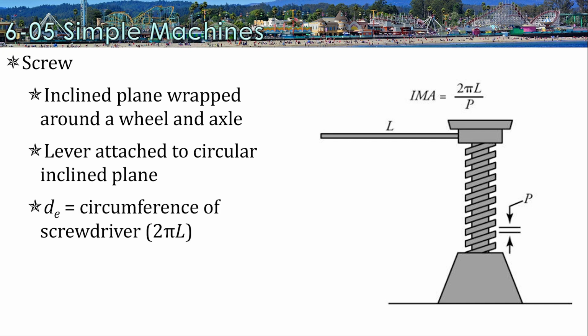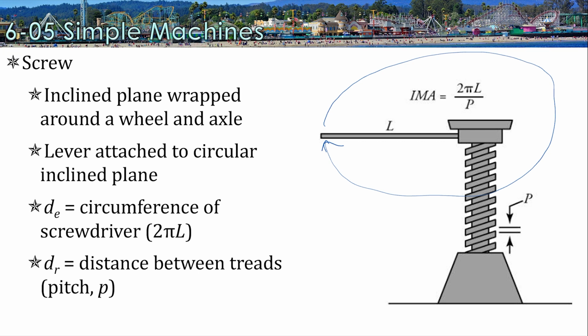The effort distance would be the circumference of the screwdriver, because you're applying a force in a circle. So the distance that's applied is the circumference of that circle. So it'd be like the circumference of the screwdriver handle. We'll call that 2 pi L, where L is the radius of the screwdriver.